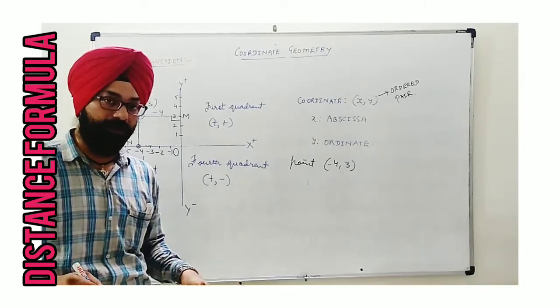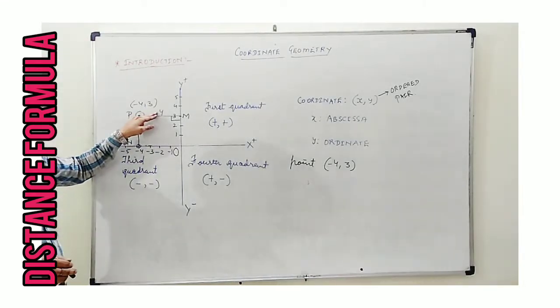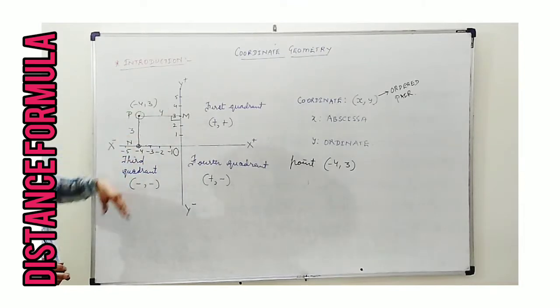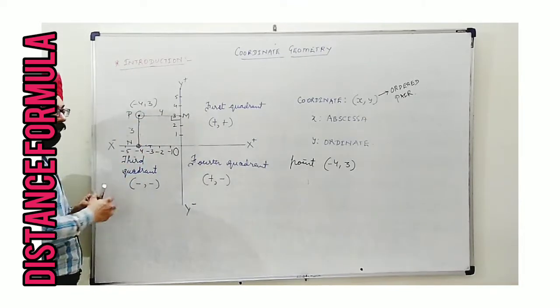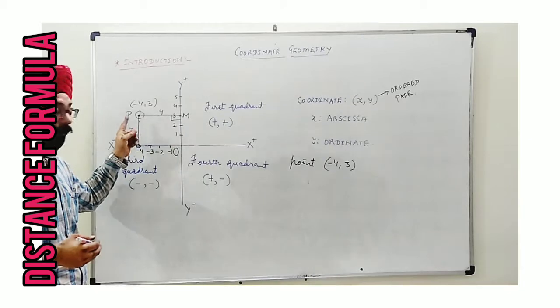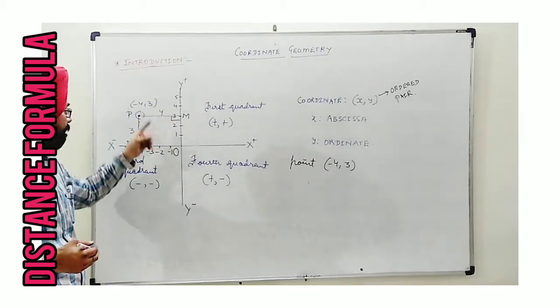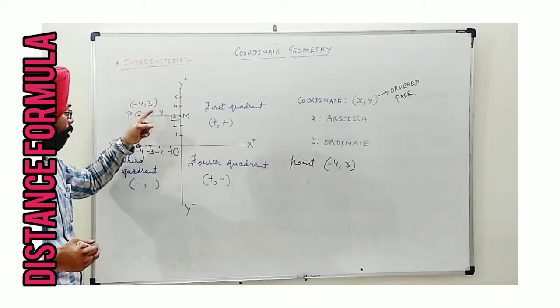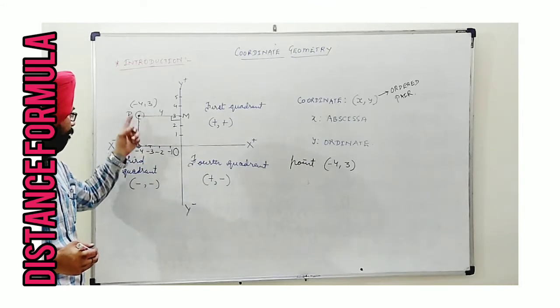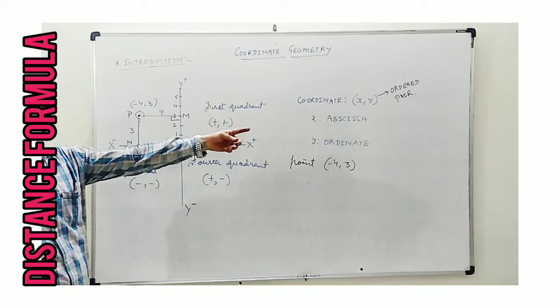No sign is taken. So this was just the theory that this will be equal to PM, but by distance we have to write 4 here. So PM, the distance of point P from the y-axis, is 4. Now this 4 we have obtained from what? The value on the x-axis, meaning abscissa.